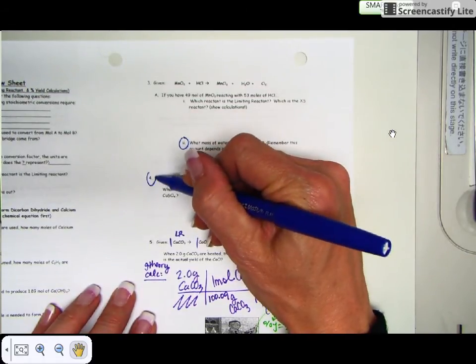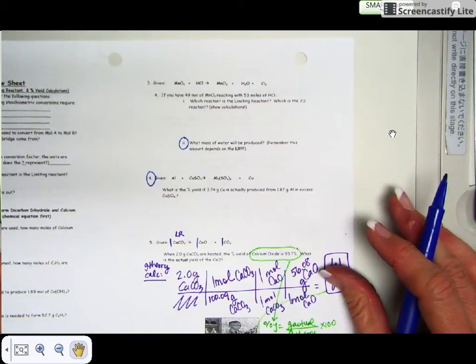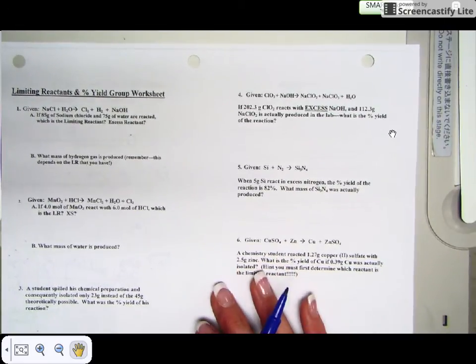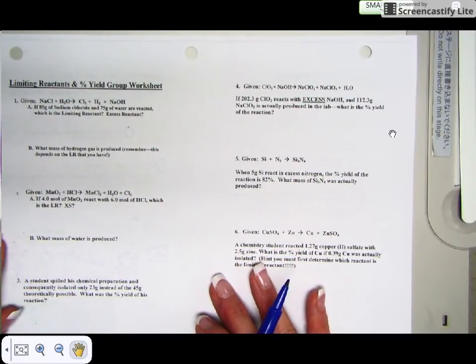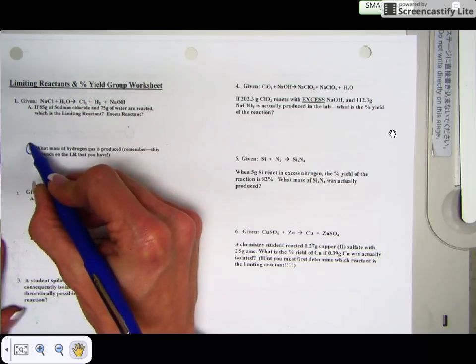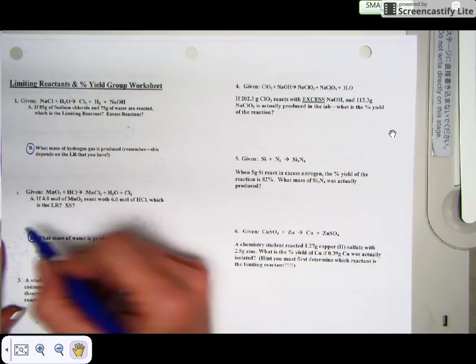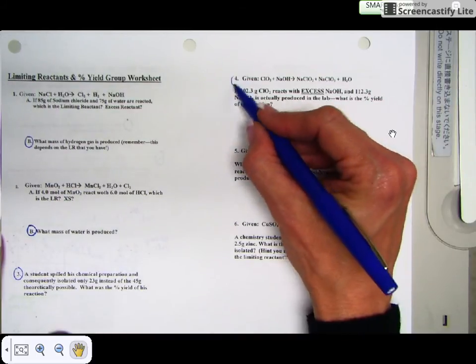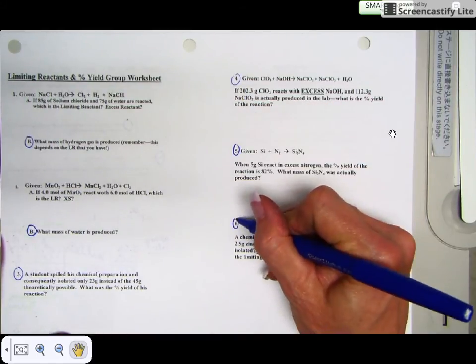You're also doing number 4 on this side, and then if you flip the worksheet over, you're going to be finishing up the remaining part of this worksheet. So that means you're going to do part B, because we've already done part A on both of these. You're going to do number 3, 4, 5, and 6.